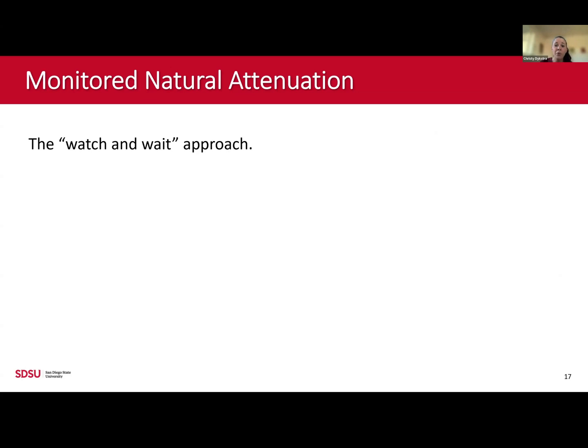So number one, we want to make sure that it's not an immediate risk for human health or the environment. Number two, we might be just watching and waiting because, let's say, the microbes are there, the necessary nutrients are there, and maybe it's just a matter of time before the native microbes actually take care of it, or through some other process like UV or some other mechanism that contaminant gets removed.